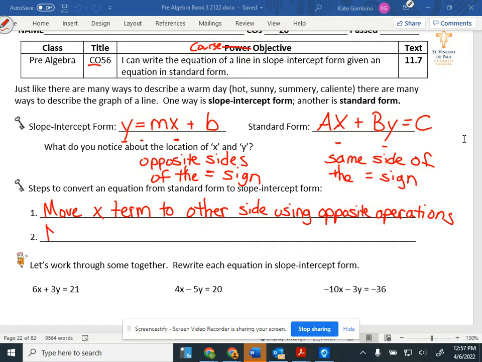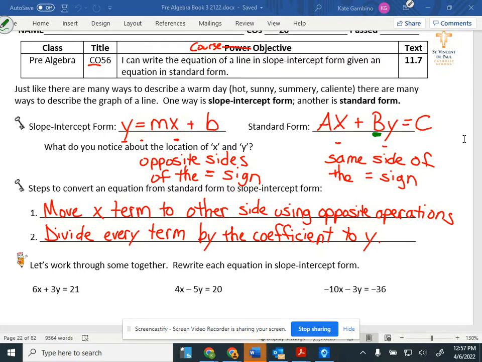So we're going to divide every term by the coefficient, like 2y. So it's this number that's in front of the y, that's the coefficient.